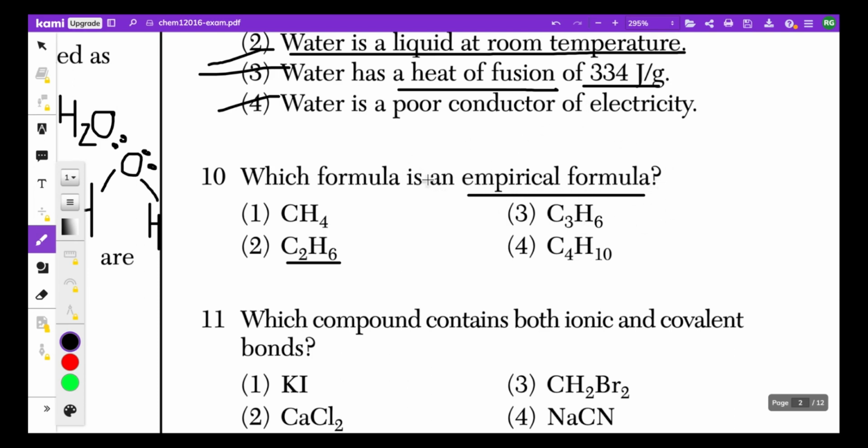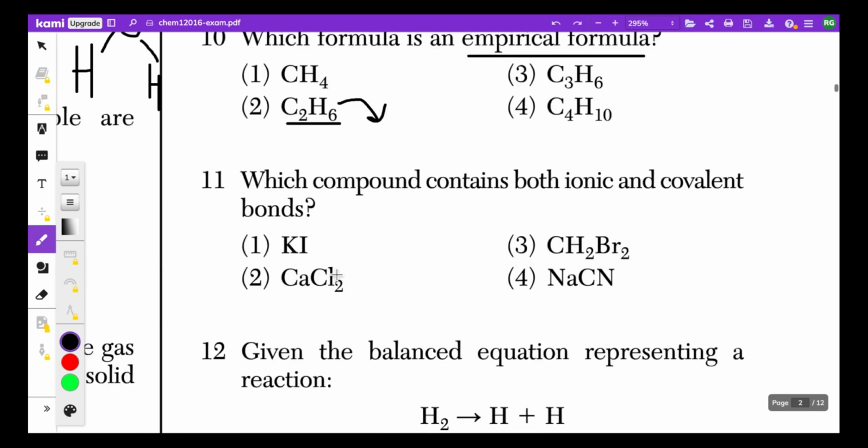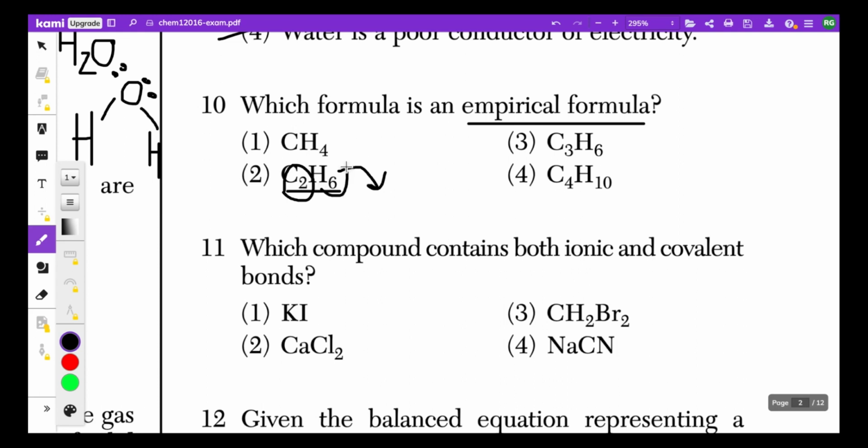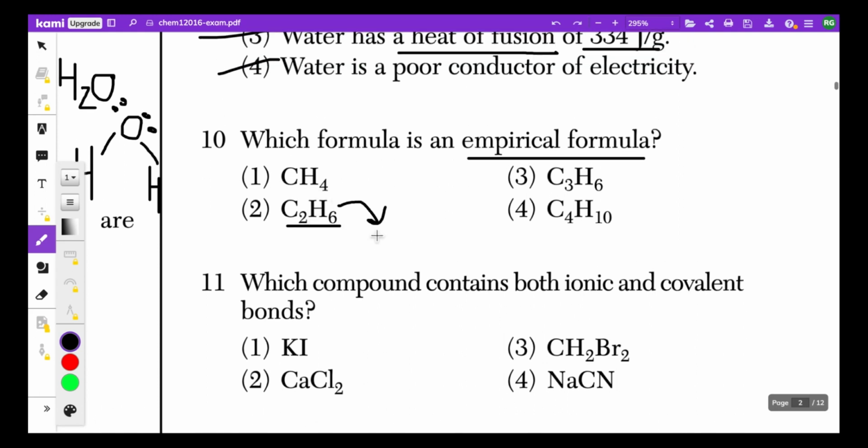It's the simplest version of that molecular formula. What I mean by that is, with C2H6, you can see that 2 and 6 share a common factor of 2. So you can simplify this formula into C1H3, okay?